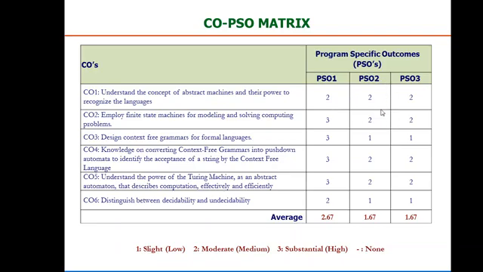Then PSO2 also level 2, PSO3 also level 2, and so on. Here also, in a similar fashion, you can calculate the average of each PSO. As I explained earlier, the mapping levels are clearly given at the bottom: one is slight or low, two is moderate or medium, three is high or substantial, hyphen is none. These are all the CO-PO and PSO matrices for the course Formal Languages and Automata Theory.